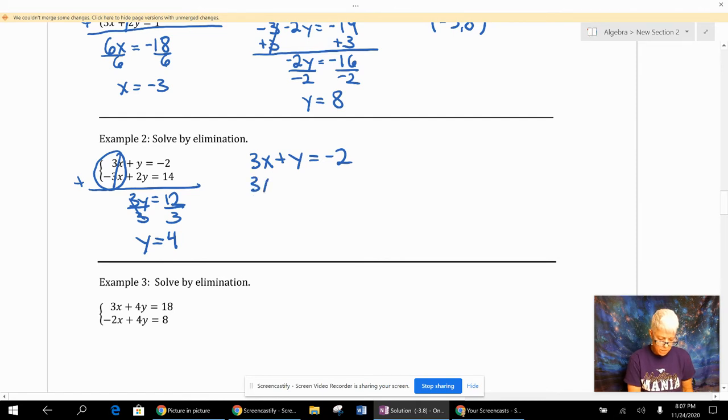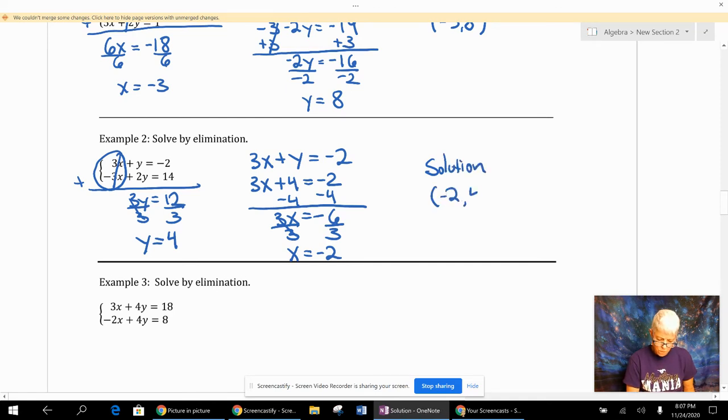I picked the first one, plus 4 minus 4 minus 4. Again, don't let those negatives mess you up. Use your calculator as often as you need to. So my solution is negative 2, 4. I have to have both the x and the y for my solution.